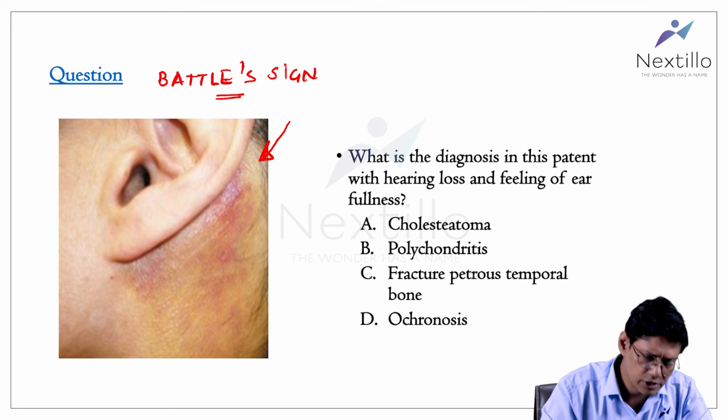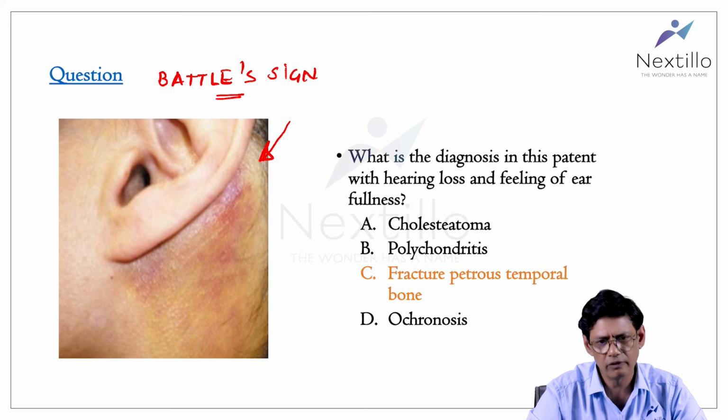Why this occurs is due to the fracture of the petrous temporal bone, that is the petrous part of the temporal bone. This is the fracture of the skull base. Fracture of the skull base may manifest to us with the Battle's sign. It may also present to us with the black eyes known as the raccoon eyes or the panda eyes.